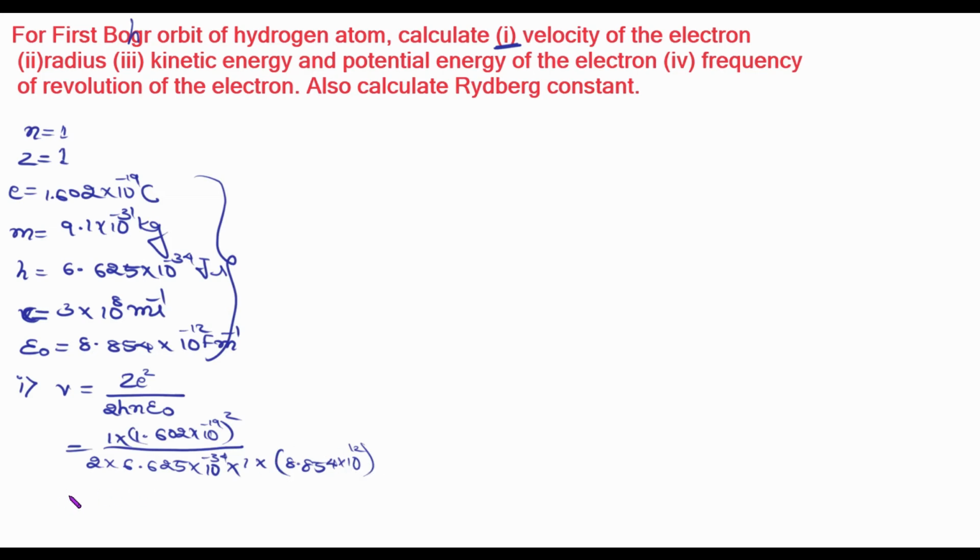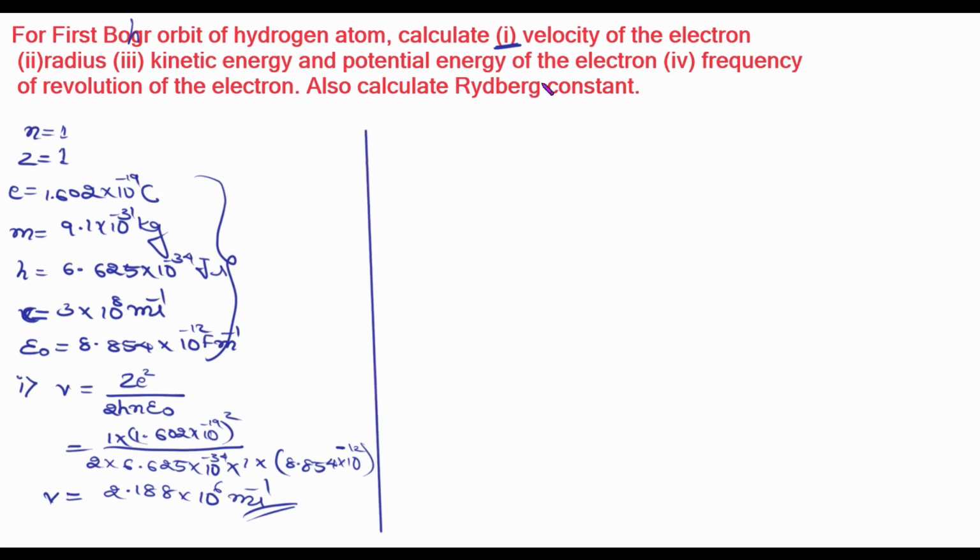If you solve this, you will get the value of orbital velocity as 2.188 into 10 to the power of 6 meter per second. So this is the value of orbital velocity in the first orbit of hydrogen atom.